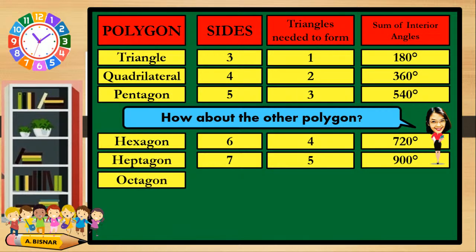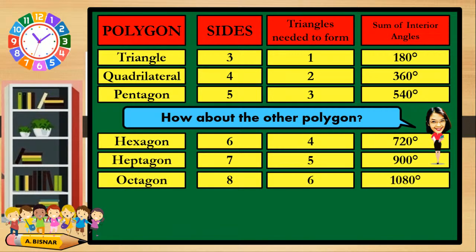So, how about with octagon? This will be the last one. Octagon. Your answers are correct? Okay, 8 sides, 6, and then 1080 degrees.